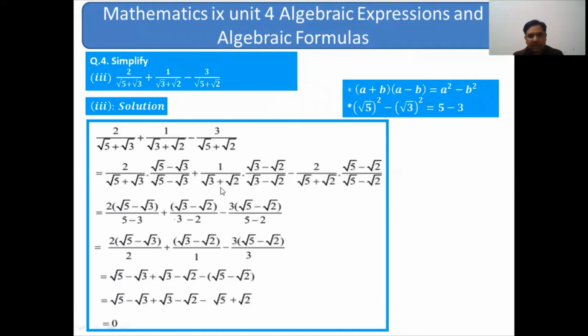Again in this binomial surd, we have to multiply and divide with the conjugate of this surd. After multiplying and dividing with the conjugate, we have this. Again here, similarly, we multiply and divide with conjugates, and this is written here.